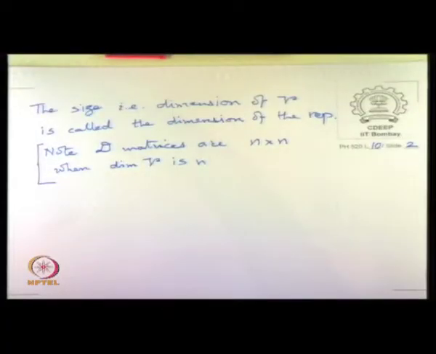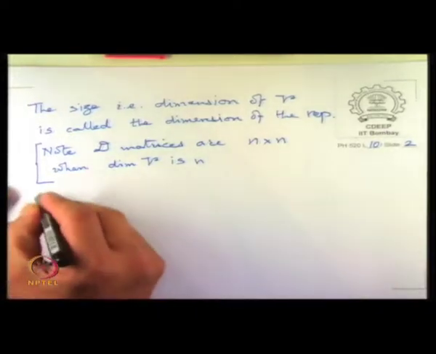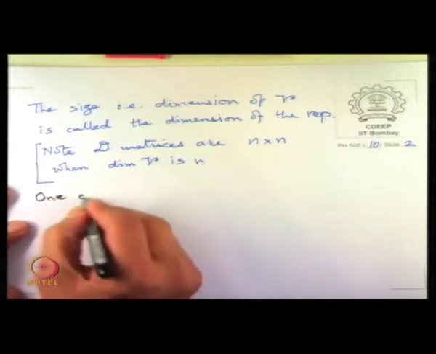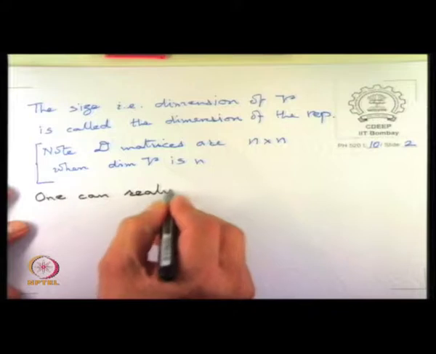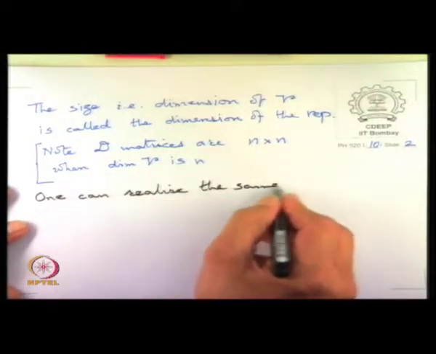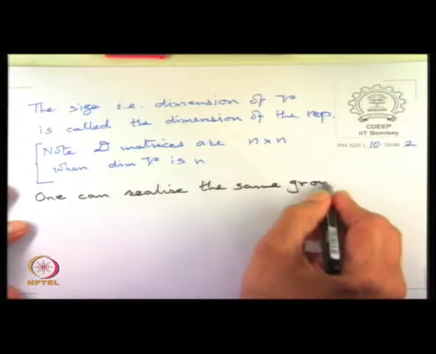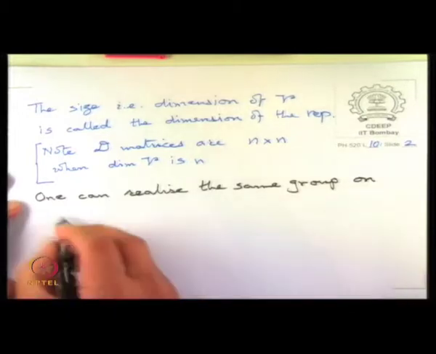Now, in general, one can represent the same group, or realize the same group, on vector spaces of different size.